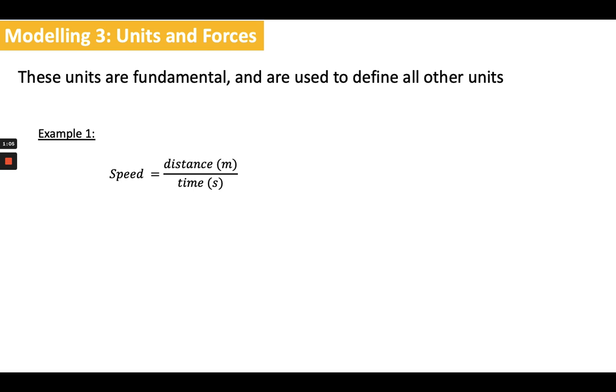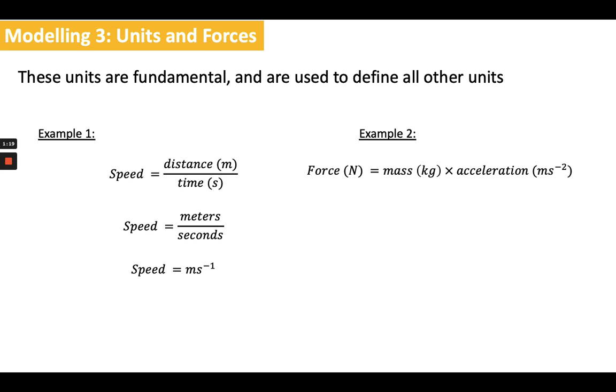So, for example, a very simple one, we've got speed, which is distance divided by time. That means it's meters divided by seconds, and so my unit of speed or velocity is meters per second. A slightly more complicated example would be using Newton's second law of force equals mass times acceleration.